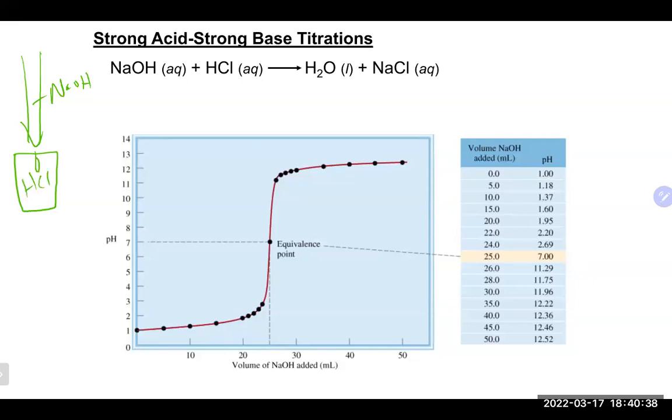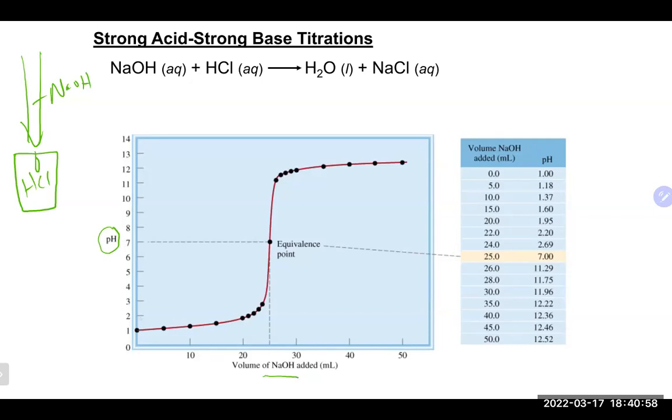This is what we call a titration curve here on the left. We have pH on the y-axis and volume of base on the right-hand side. This is your typical S curve that you see in a titration, like you will make in about 40 minutes or so.